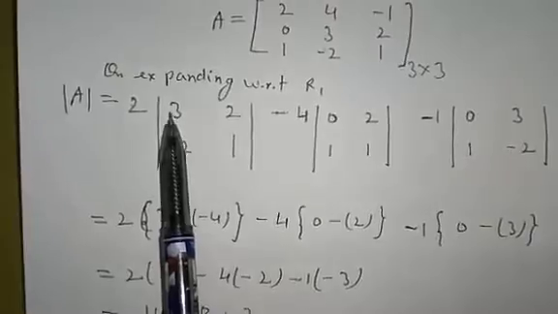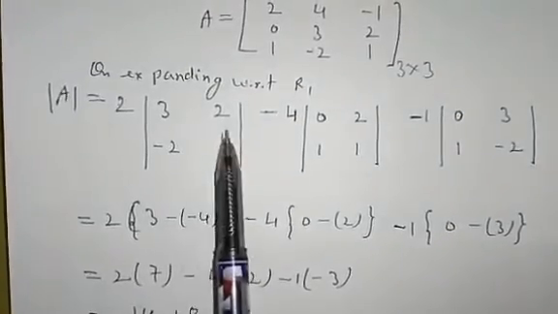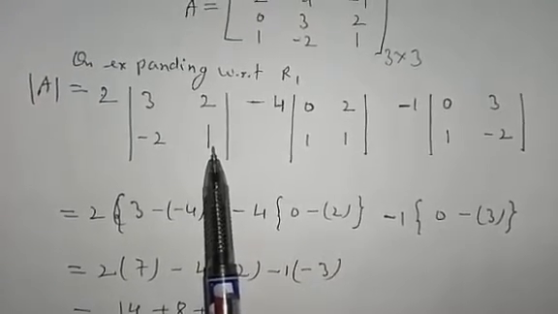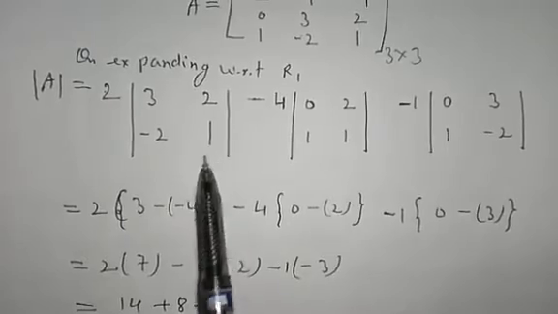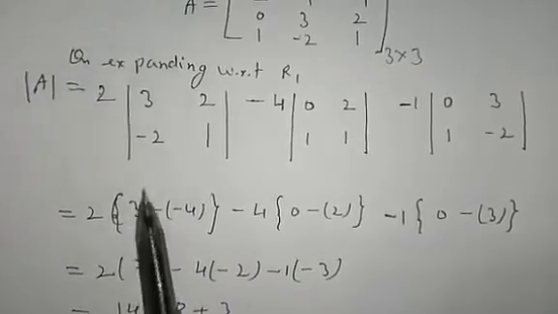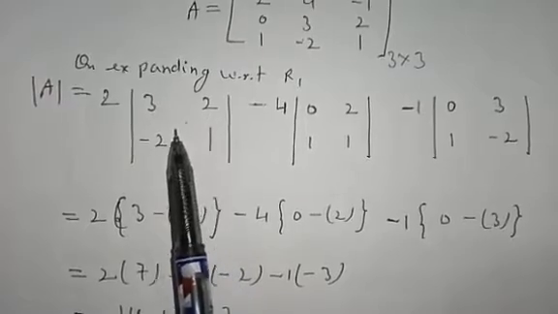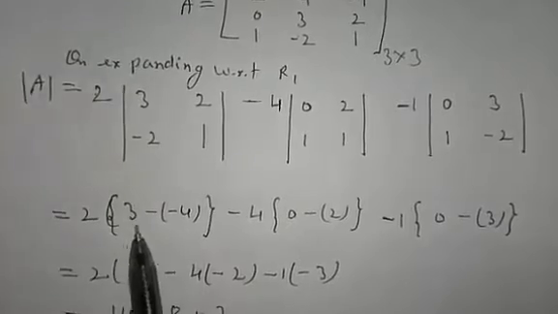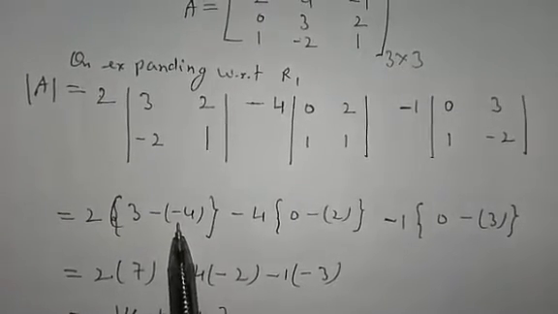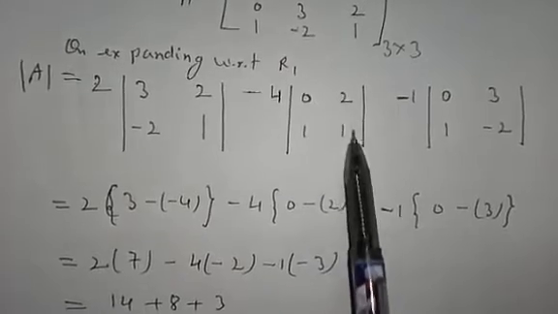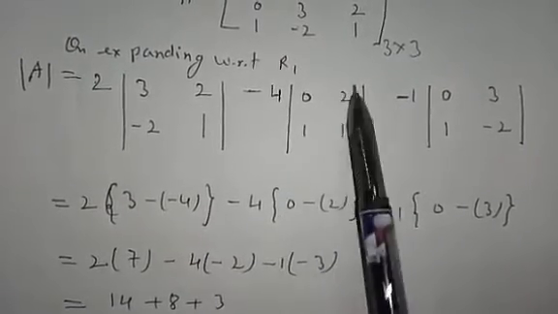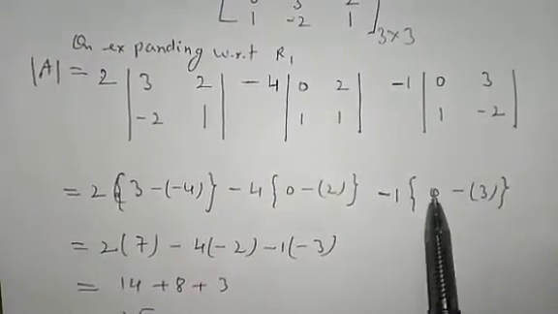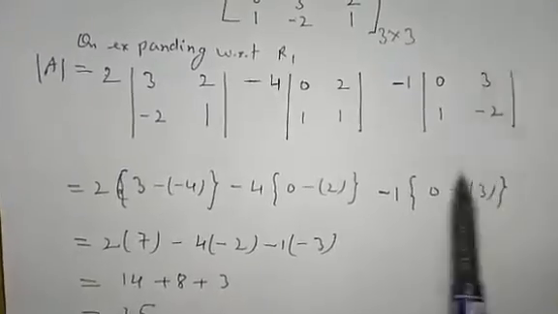And we know how we take the determinant of 2 by 2. For the 2 by 2, first of all we multiply the elements of the principal diagonal, 3 into 1, 3, and then we multiply elements of the other diagonal. This is 2 into minus 2, minus 4, and then we subtract these two values. In the same way we calculate 0 into 1, 0, 2 into 1, 2, and then we subtract 0 into minus 2, 0, and 3 into 1, 3, then we subtract.